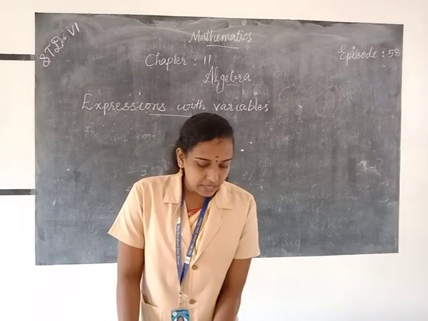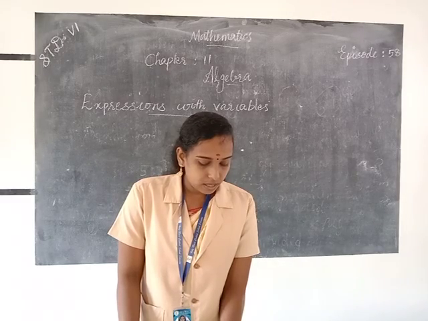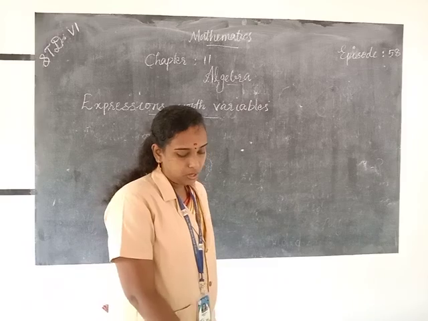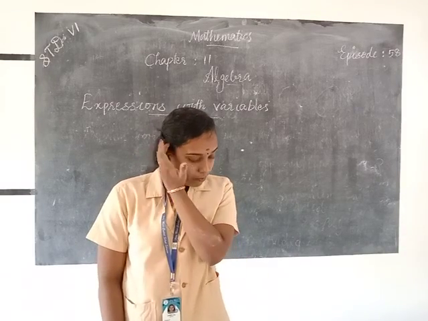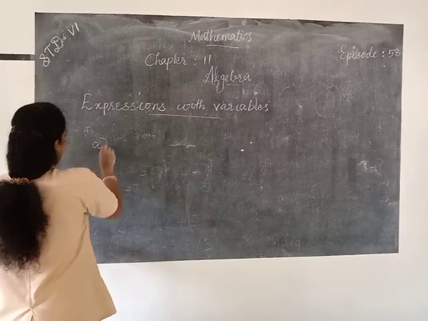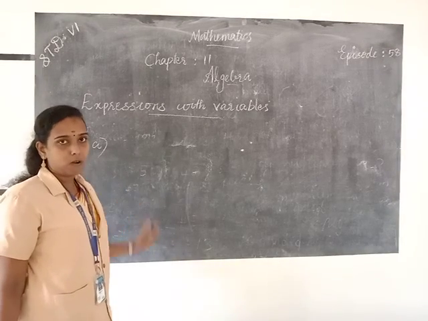Write an expression for the given instruction. Look at the following example in the textbook, page number 232. Some statements are given, and we write the expression for the following.